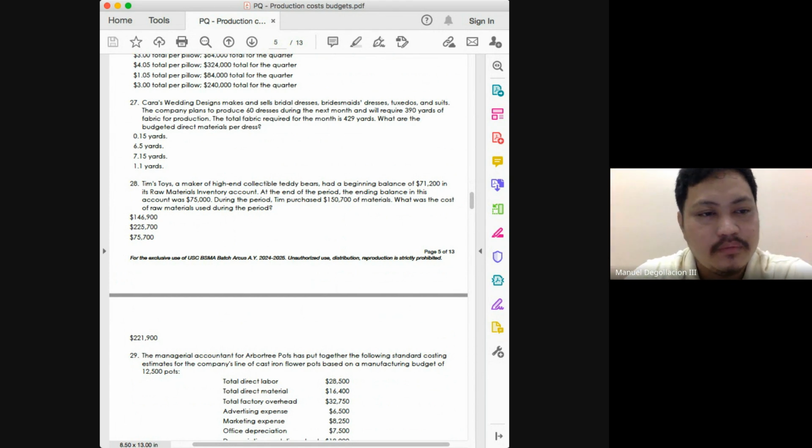28. What was the cost of raw materials used during the period? We had a beginning balance of 71,200 in the beginning inventory, and we're looking for the raw materials used. At the end of the period, the ending balance was 75,000. This is basic, the accounts.